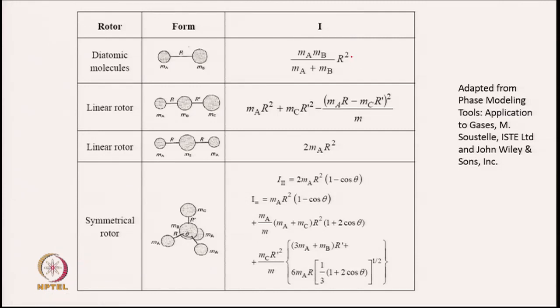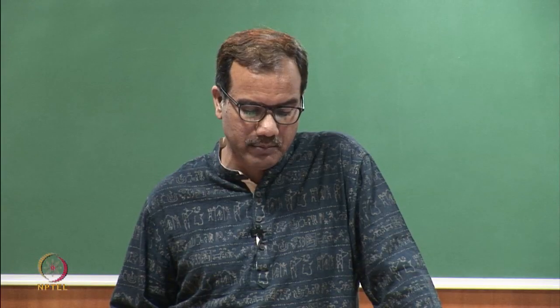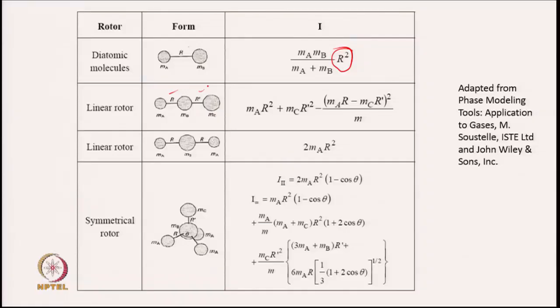Diatomic molecule, you can see this is only function of r, but for linear molecule which has two different distances r and r dash, so distance between atom A and B is r and atom B and C is r dash, then your moment of inertia can be written like this: m a r square plus m c r square plus this whole term. Now, you can see that apart from mass, this moment of inertia is a function of r and r dash. So, from simple one rotational constant, you cannot calculate your bond length.